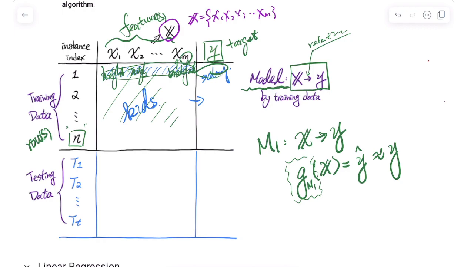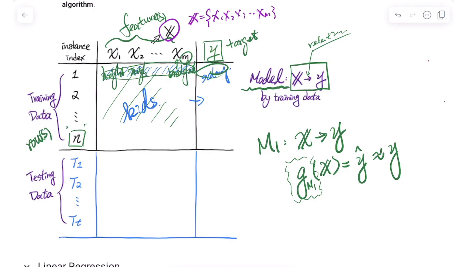There are some very complex mathematical things in the g function, but it outputs y hat, which should be close to y. Okay, this is the way we express the data model.